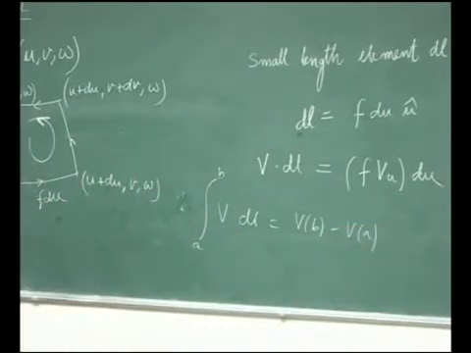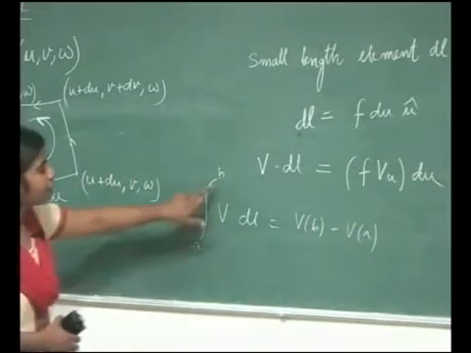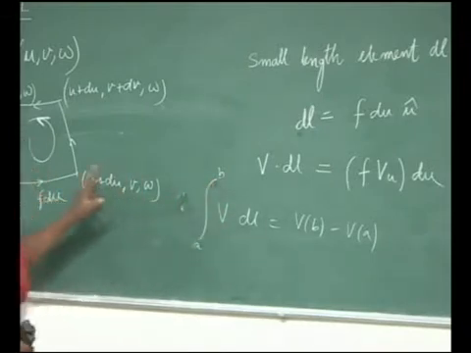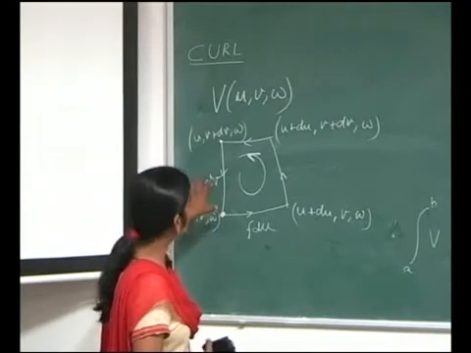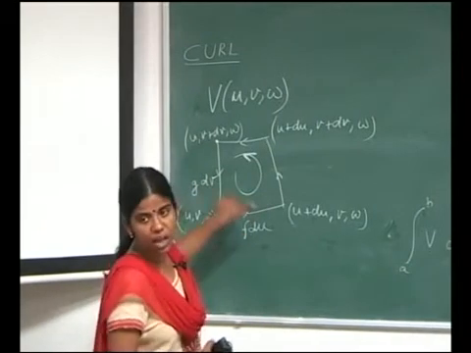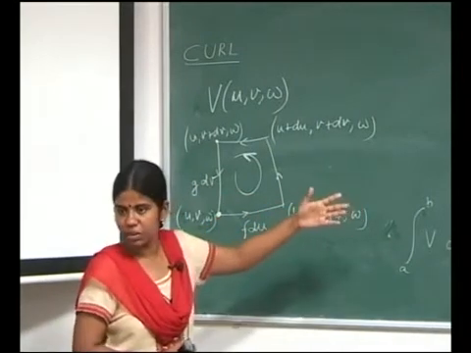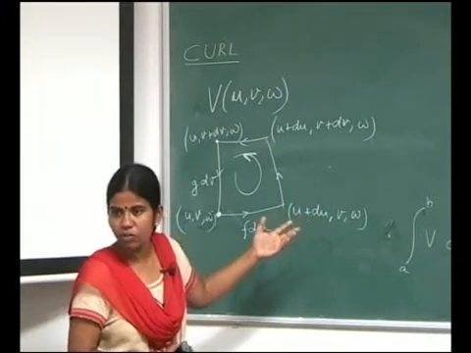So, I am calculating at the end points, but here I have a loop. So I will have to calculate the contribution in change from each arm, and I will sum them up. Then only I will get v dot dl over a closed loop.